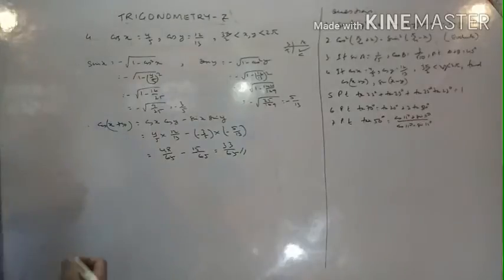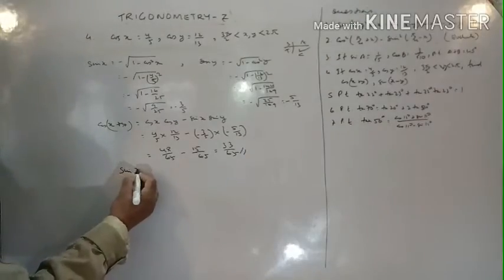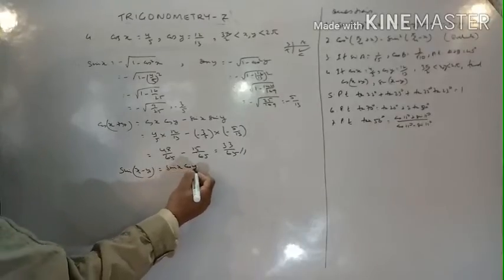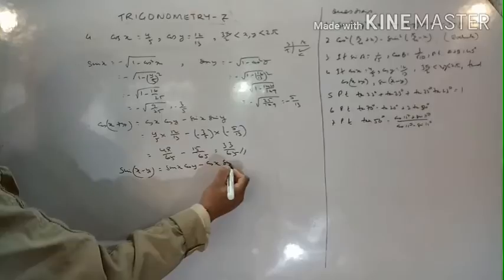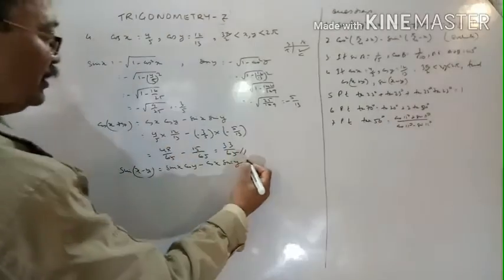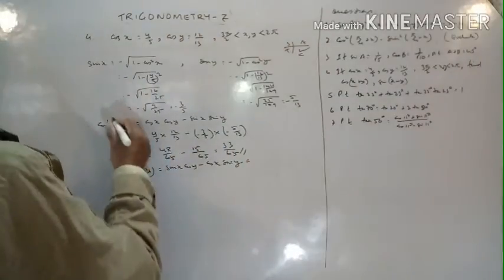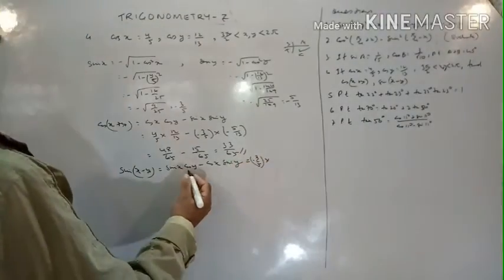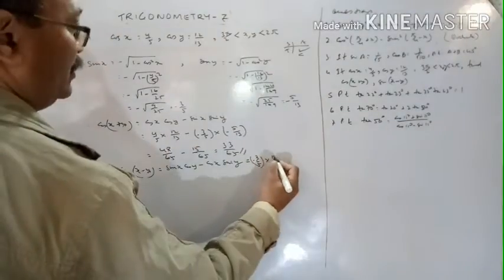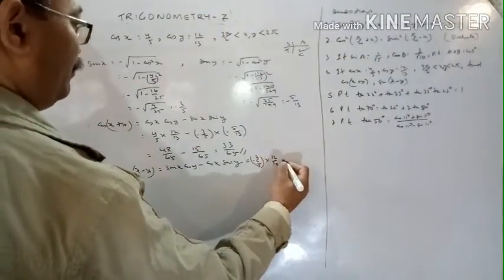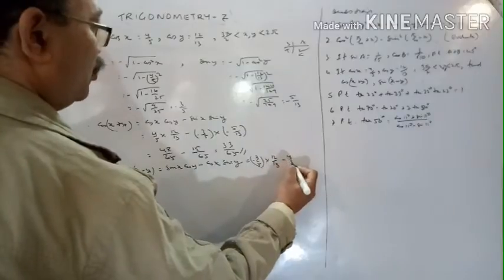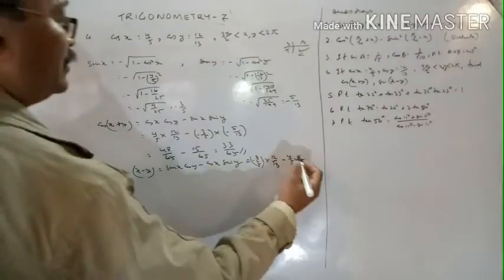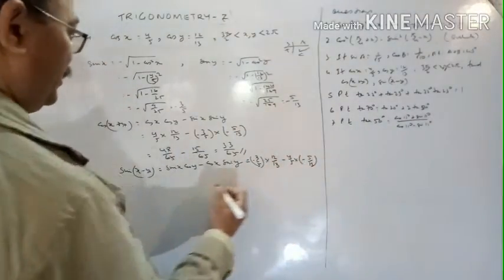Now next is sin x minus y. Sin x minus y formula is sin x cos y minus cos x sin y. Sin x value is minus 3 by 5 into cos y is 12 by 13, minus cos x is 4 by 5 into sin y is minus 5 by 13.